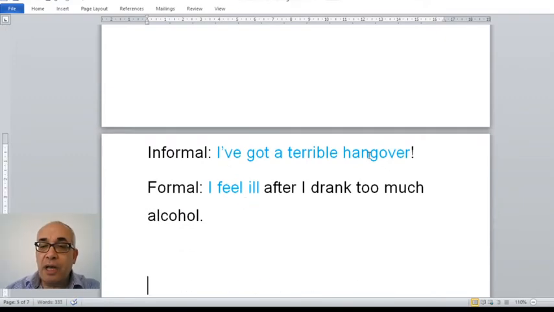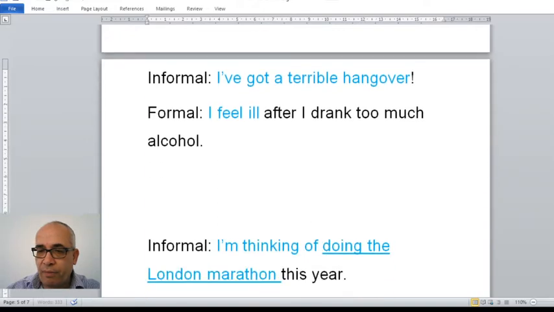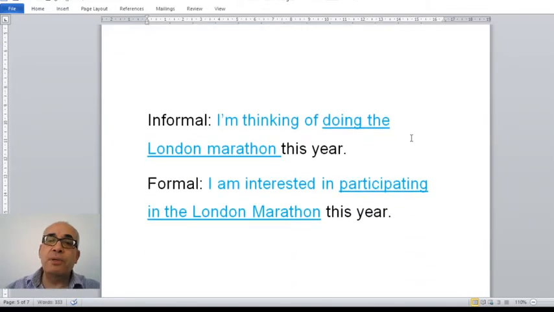"I've got a terrible hangover." The formal one: "I feel ill after I drank too much alcohol." I think I explained a little bit about this sentence before, but it's okay. Sometimes repeating a little bit is better than nothing. Informal: "I'm thinking of doing the London Marathon this year." So "do the marathon," but the formal one is "participating in the London Marathon."